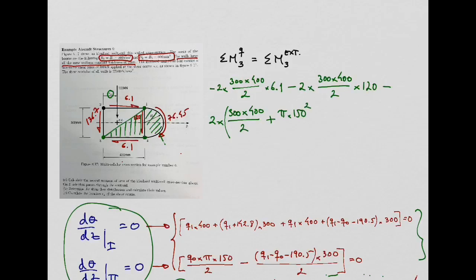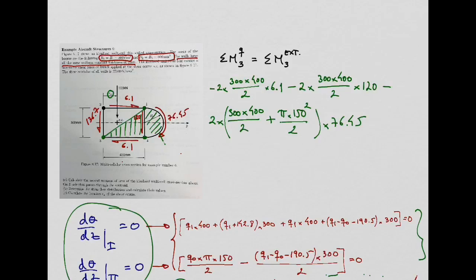Radius is 150, right? So this is the area of a circle. Semicircle is half of this, right? Yeah? This is the area. The shear flow acting there is 76.45. Okay? Not difficult, isn't it?